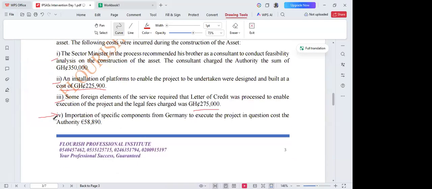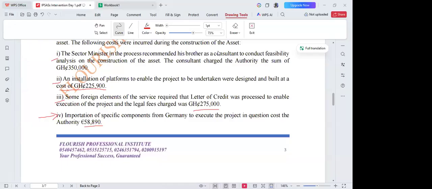Yeah, Ivy. It says importation of specific components from Germany to execute the project in question. That costs 58,890 euros. Are you going to consider that? Helen, go ahead. Yes, sir, we are going to consider that.